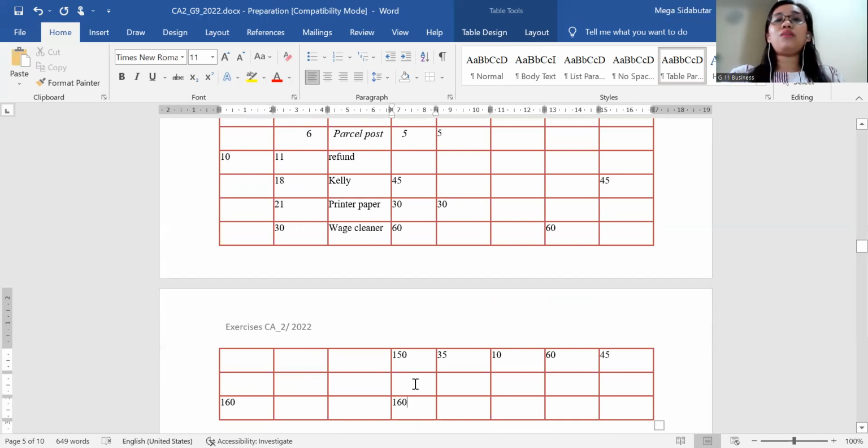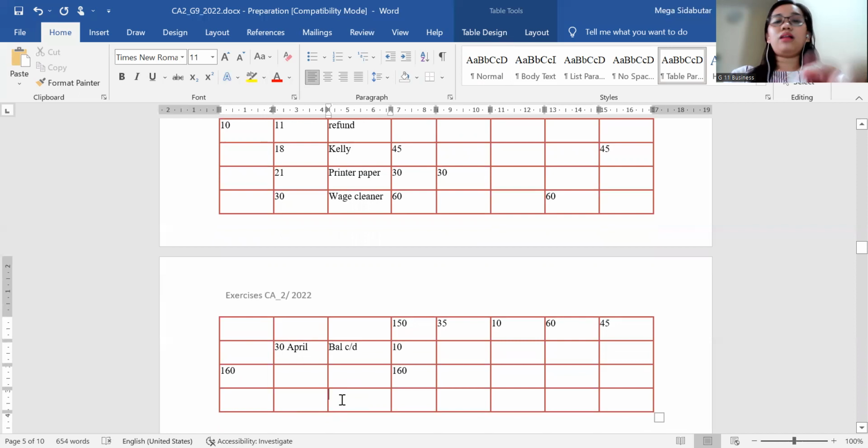And then we still have the remaining 160 minus 150. It's $10. This will be classified as balance c/d at the end of 30 April. Then we put another column as balance b/d on the 1st of May. The balance b/d is $10 as well.